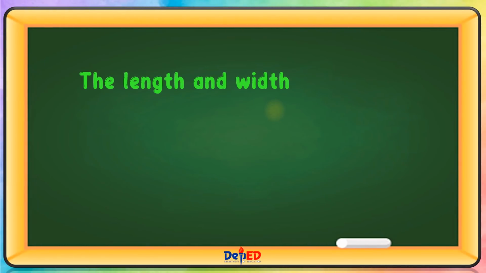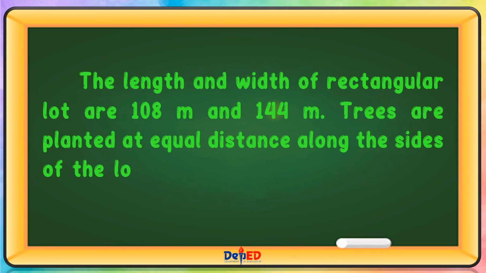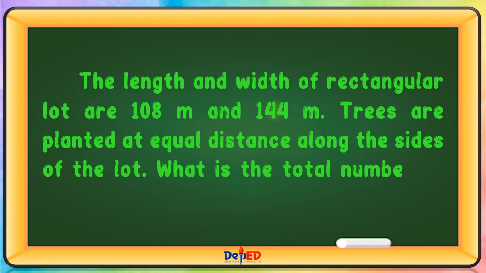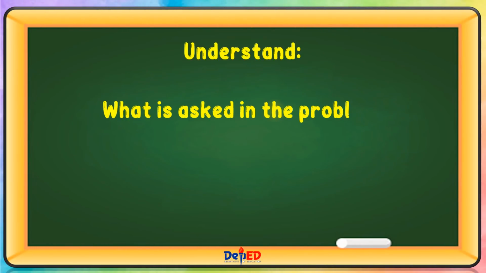The length and width of a rectangular lot are 108 meters and 144 meters. Trees are planted at equal distance along the sides of the lot. What is the total number of trees planted? Let us understand what is asked in the problem.